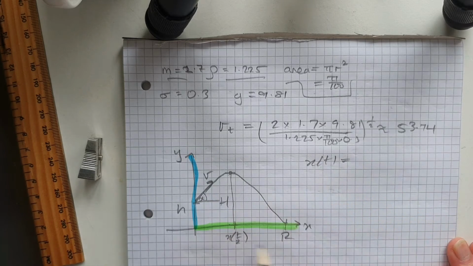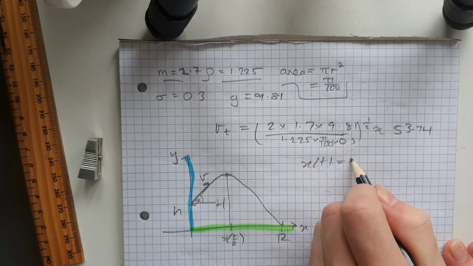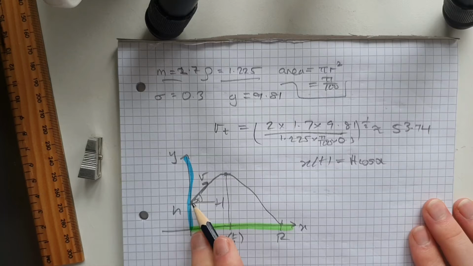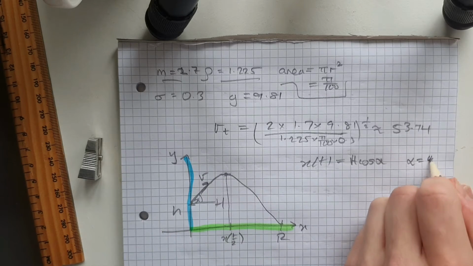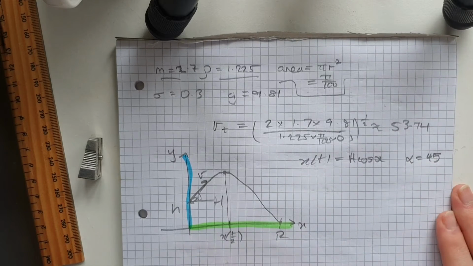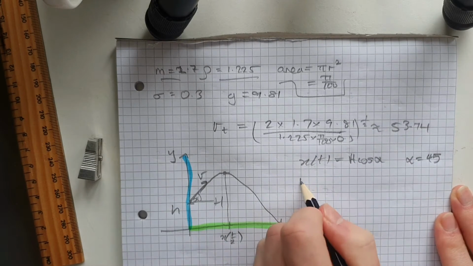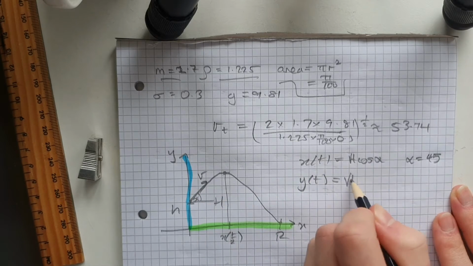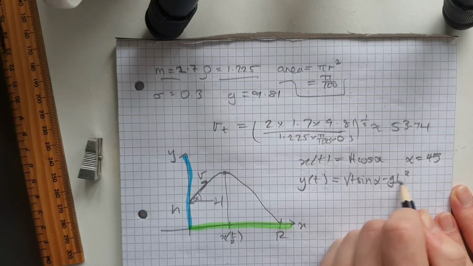So we know that the pumpkin is in the place v cos alpha at time t, and also we know that alpha is going to be 45, because 45 degrees is the most optimal angle to chuck something. And we know we've got a y of t, which is v t sine alpha minus g t squared on 2.